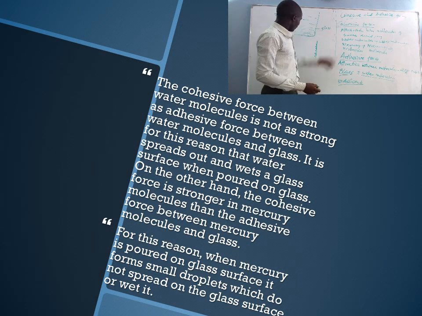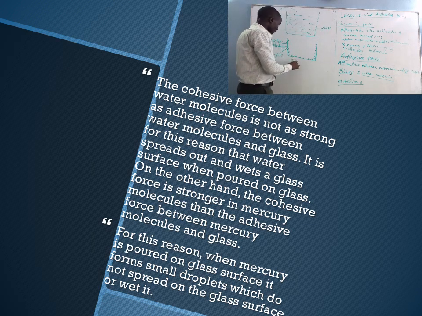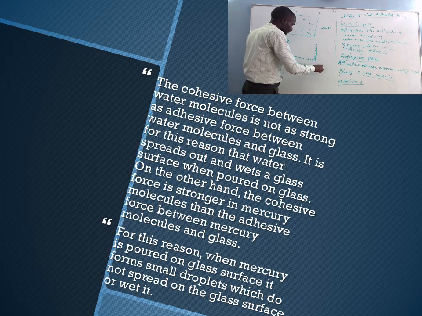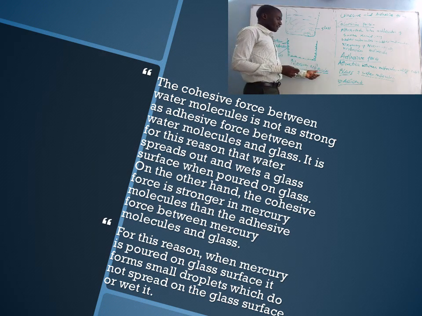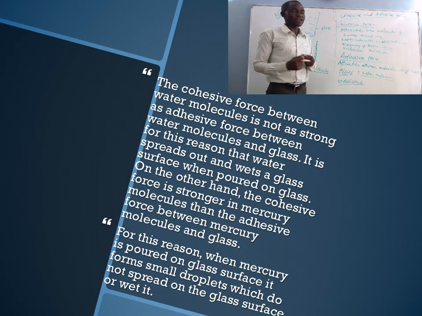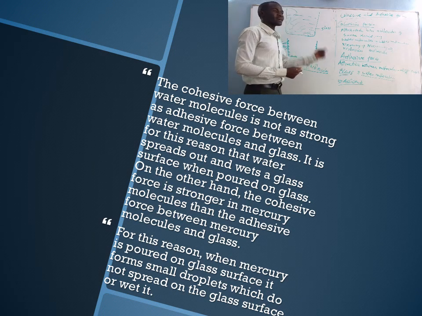While if we consider mercury molecules, they behave differently as opposed to water molecules. Mercury molecules are strongly attracted to other mercury molecules rather than to the glass surface.